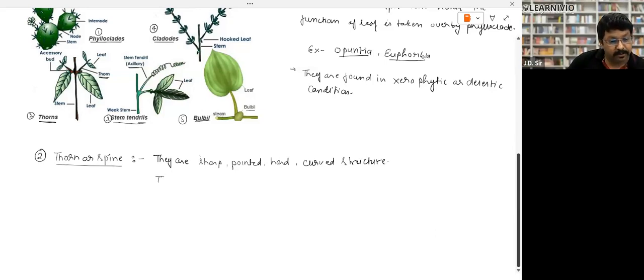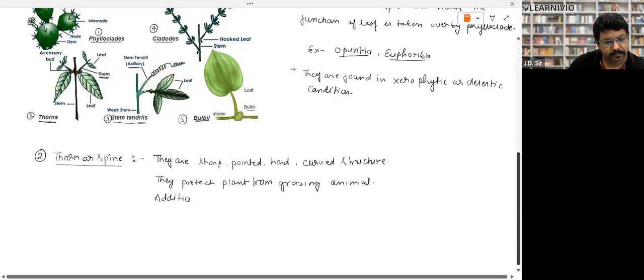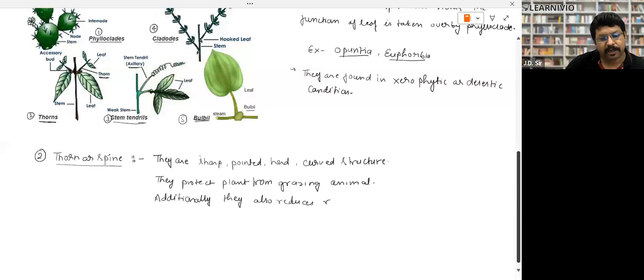They protect the plant from grazing animals. Additionally, they also reduce the rate of transpiration.